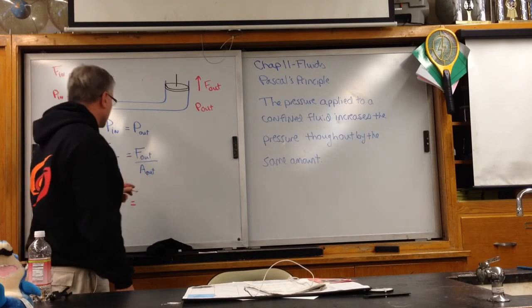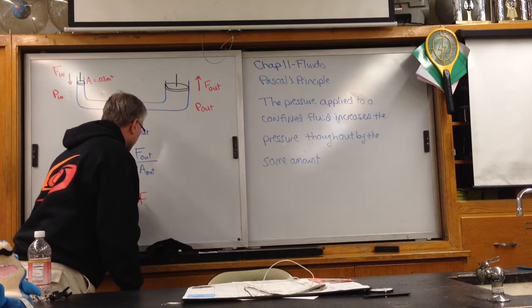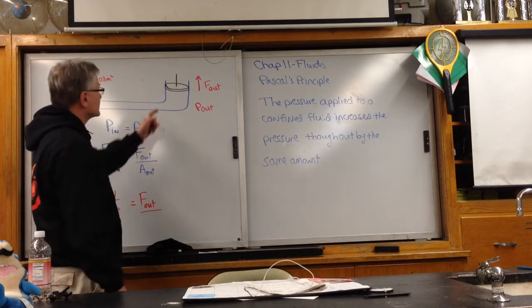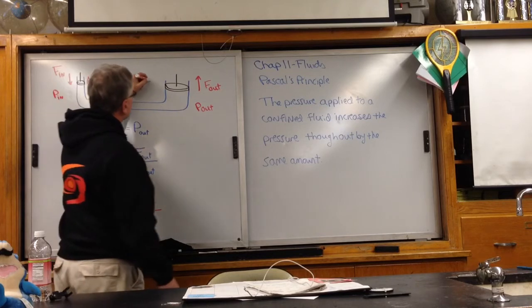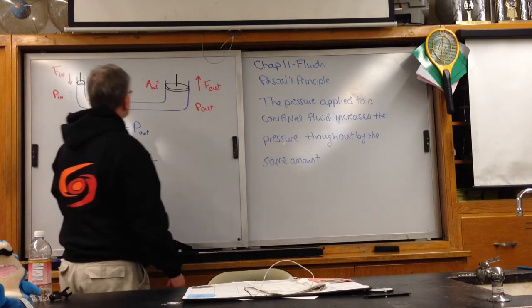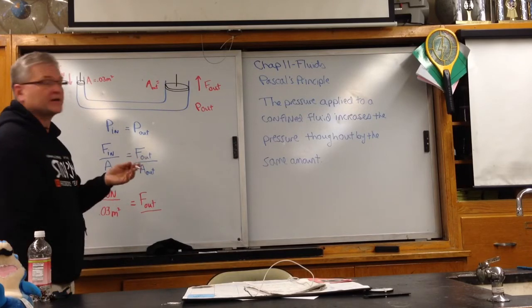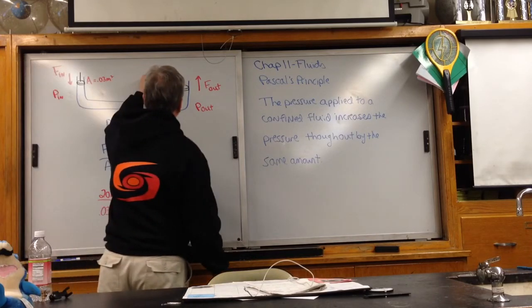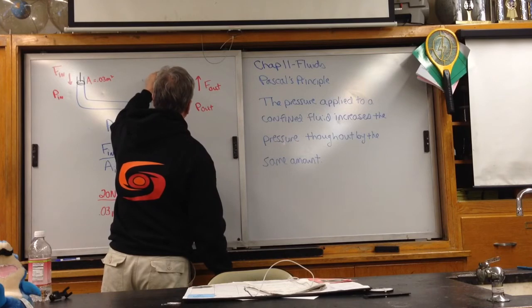Now I'd like to know what the force is that I get out of that, so I'm going to leave that as my unknown, F out. If you notice, the area of this piston on the other side, A out, is much larger. So let's just make up something, how about 0.5 square meters?